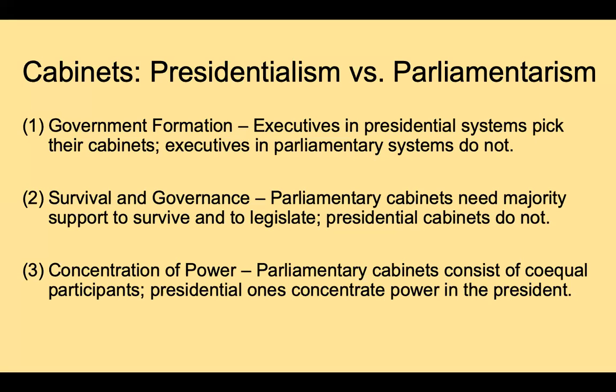In that regard, there's a much larger coalition, a much wider set of interests, involved in composing the executive. In a presidential system, it's the winner of that race who chooses those cabinet ministers. So the decision-making process is concentrated in the hands of a single person, whereas in a parliamentary system, it's that whole coalition who chooses.